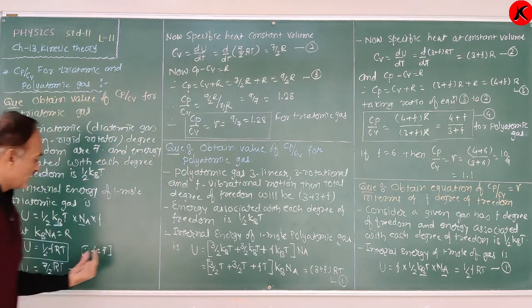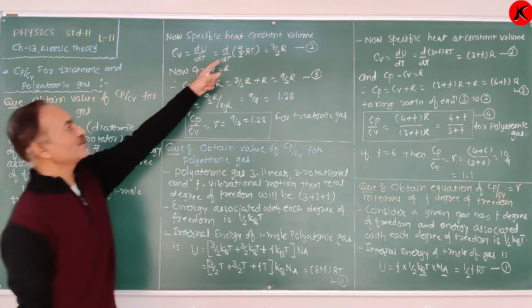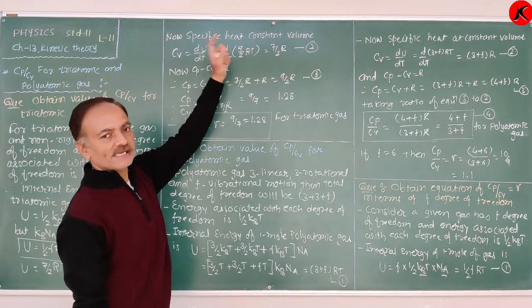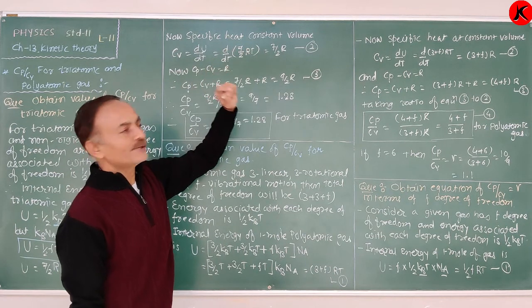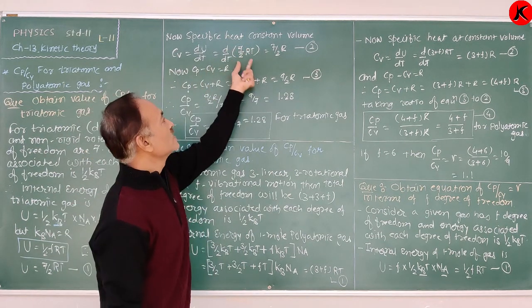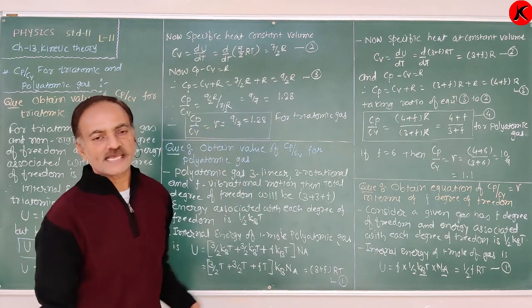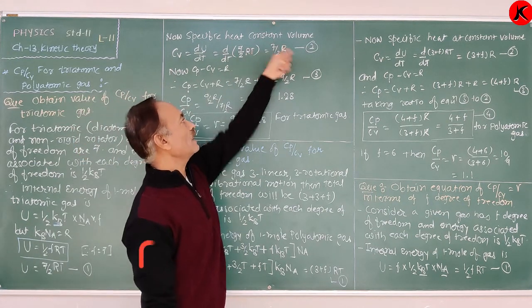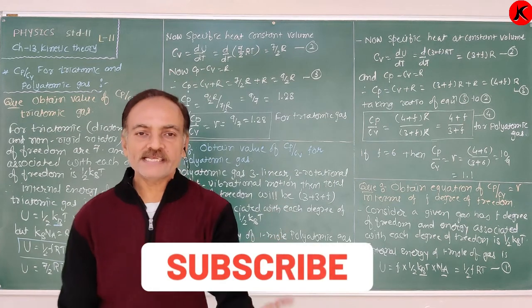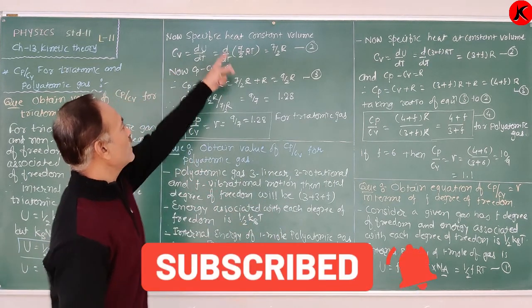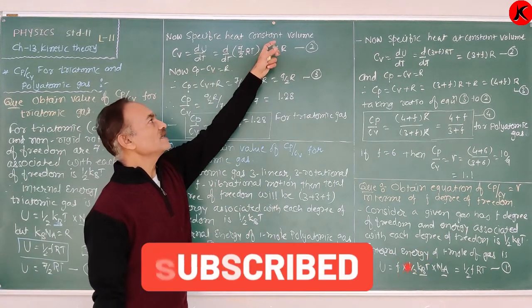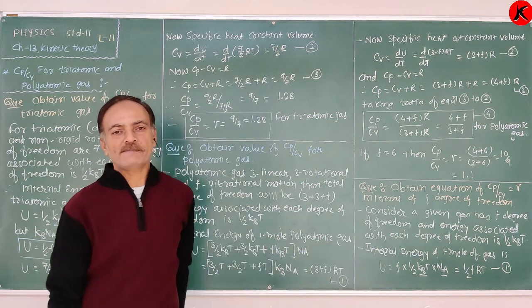Now we substitute the value of U. U is equal to 7 by 2 RT. Therefore, d by dT of 7 by 2 R into T. 7 by 2 and R are constant, taken out of this derivative. Therefore, 7 by 2 R, and the remaining part is dT upon dT, which is 1. Therefore, only 7 by 2 into capital R.